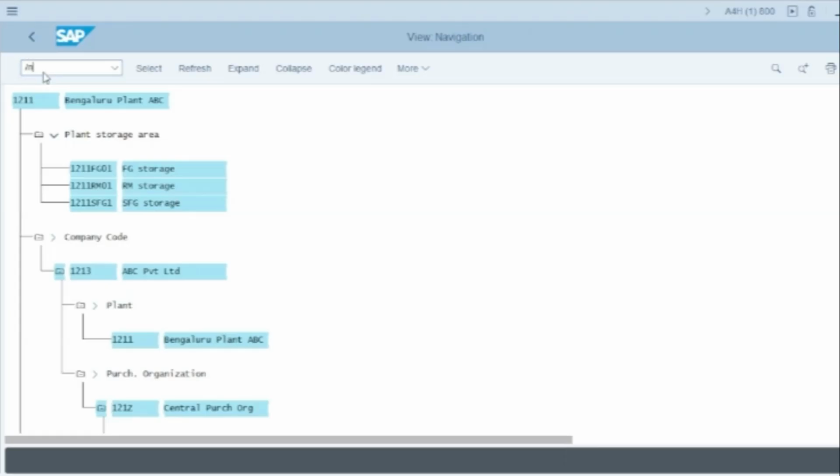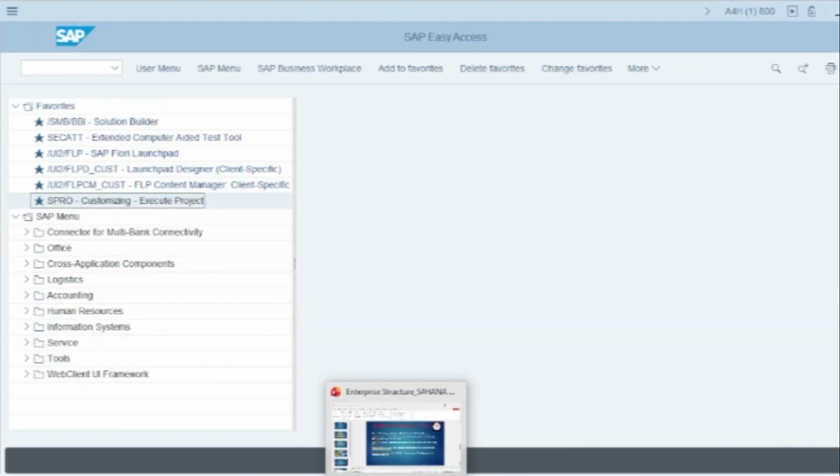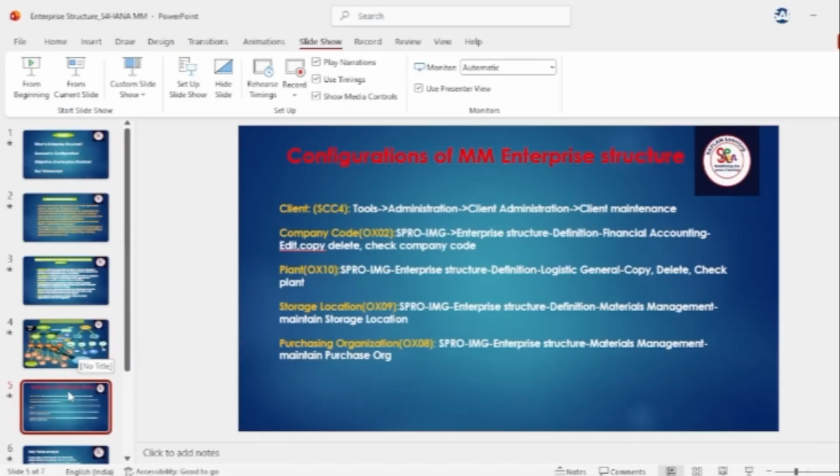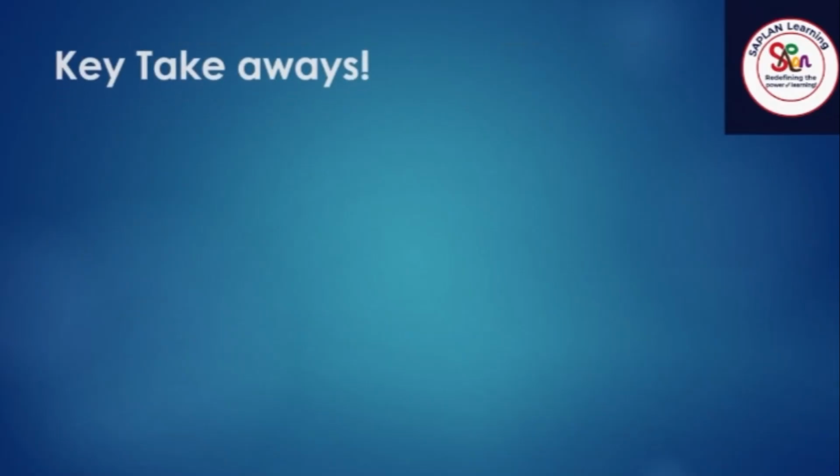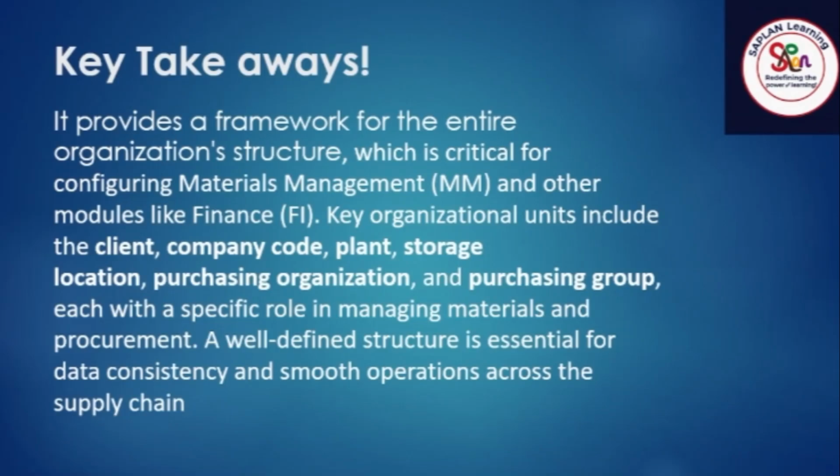So this is it for the configuration part. The configuration part is over. After the configuration, what are the key takeaways? Mostly, an organized structure is very critical for configuring material management and other modules like the finance module.